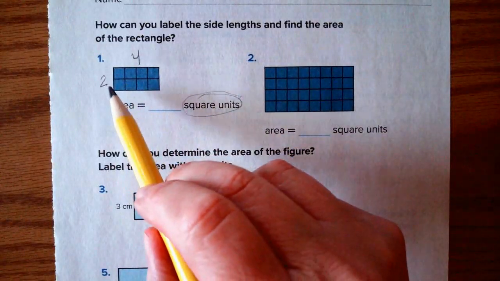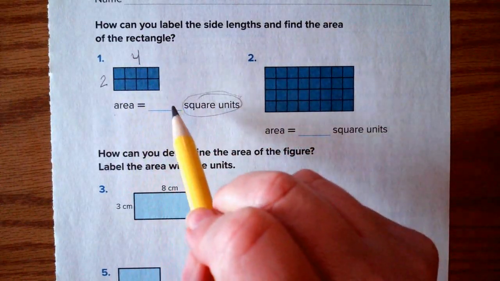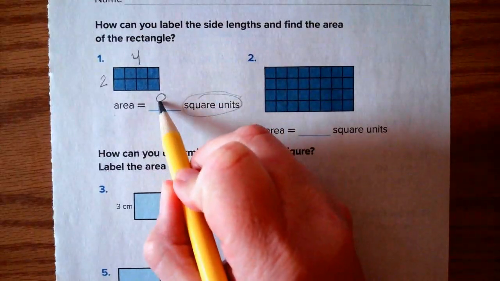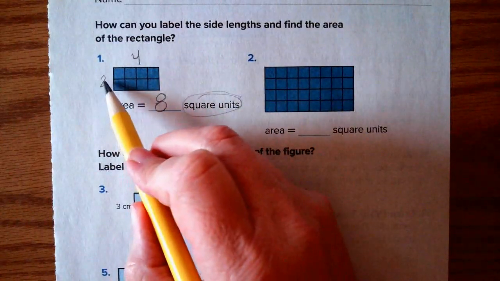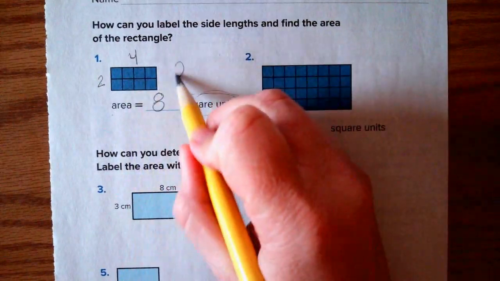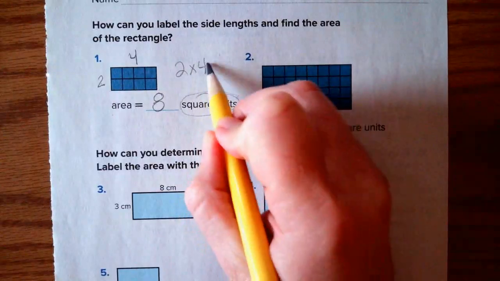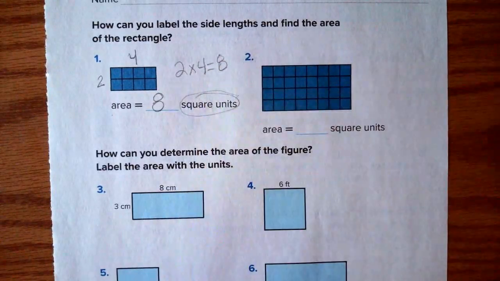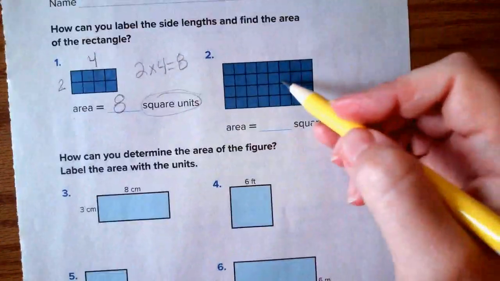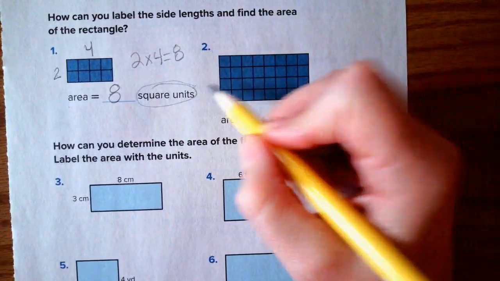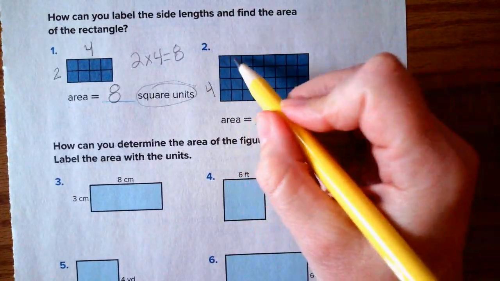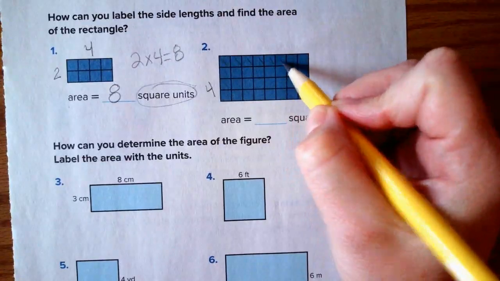So I can do 2 times 4 equals 8, because when we're multiplying times 2, we double the other number. So there were 4, we know it's 8.